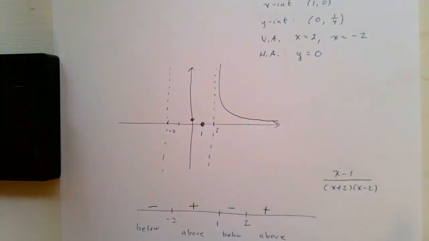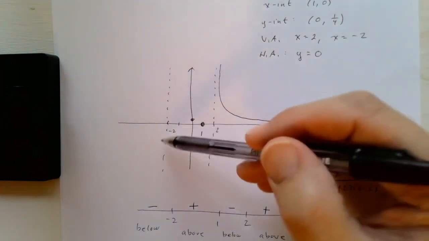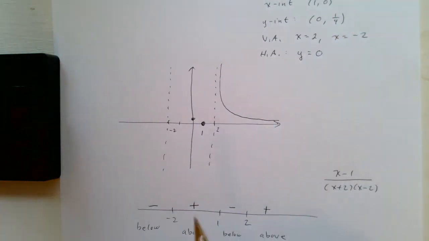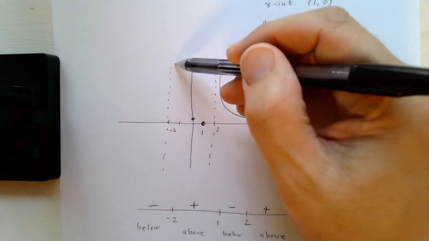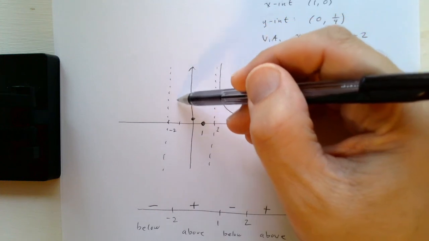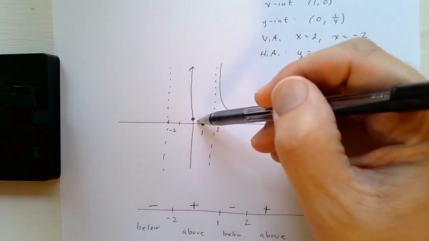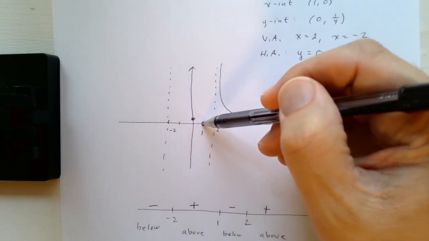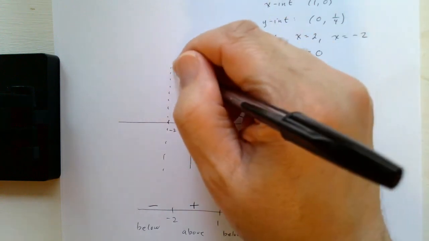Okay, now from negative 2 to 2, let's see what's going on. We are above, and then we're below. So that means on the right side of negative 2, we're up here, and the graph will have to come down, hit the intercepts, and then between 1 and 2, the graph is below.